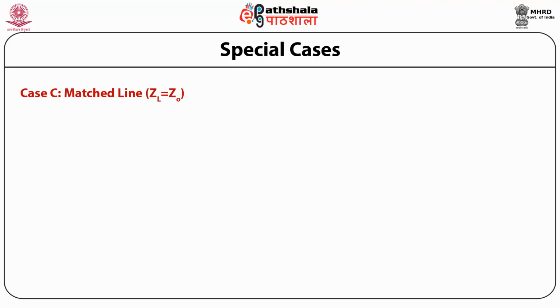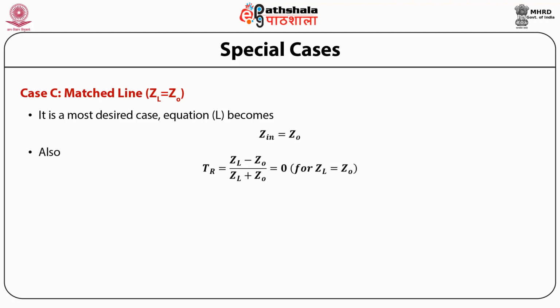Now the last case is a matched line, that is when ZL equal to Z0. It is the most desired case, so equation L becomes Zin equal to Z0. So gamma R is equal to ZL minus Z0 by ZL plus Z0 equal to 0. So S equal to Z0 by ZL equal to 1.